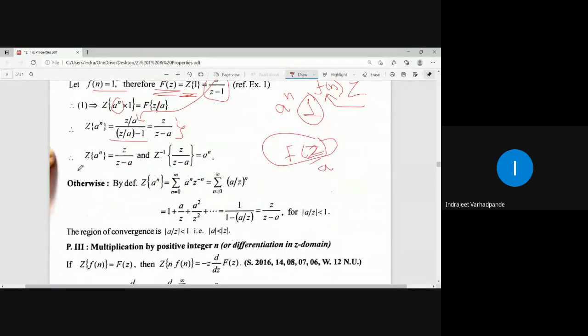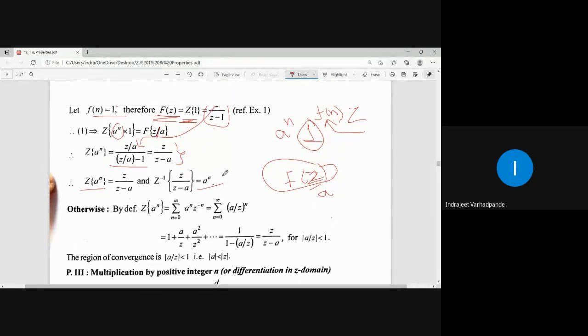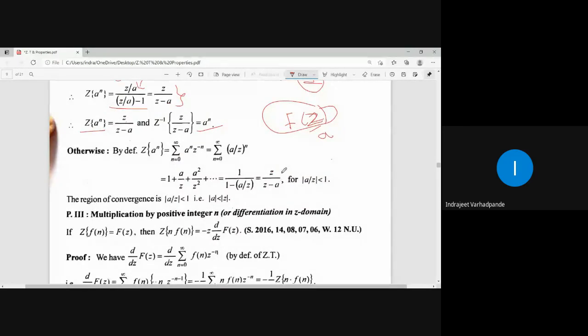So ultimately I am getting the result as Z of a to the power n is z upon z minus a. Z inverse of z upon z minus a is a to the power n. Also, by definition we have already calculated that the z transform of a to the power n comes out to be z upon z minus a.